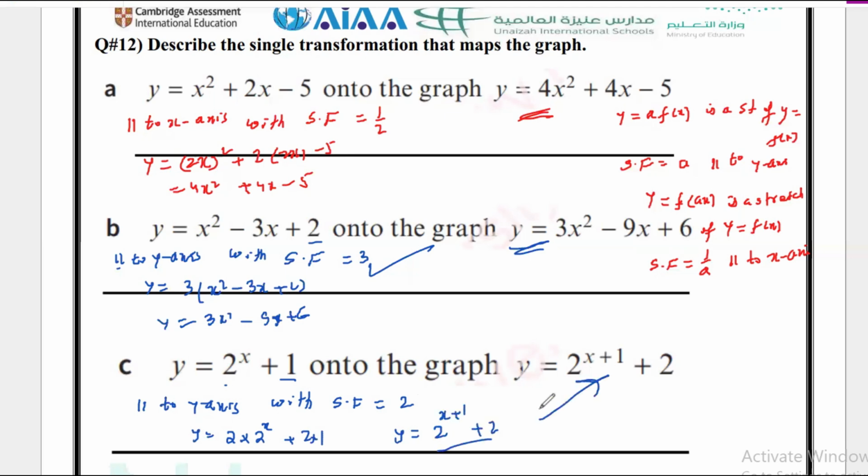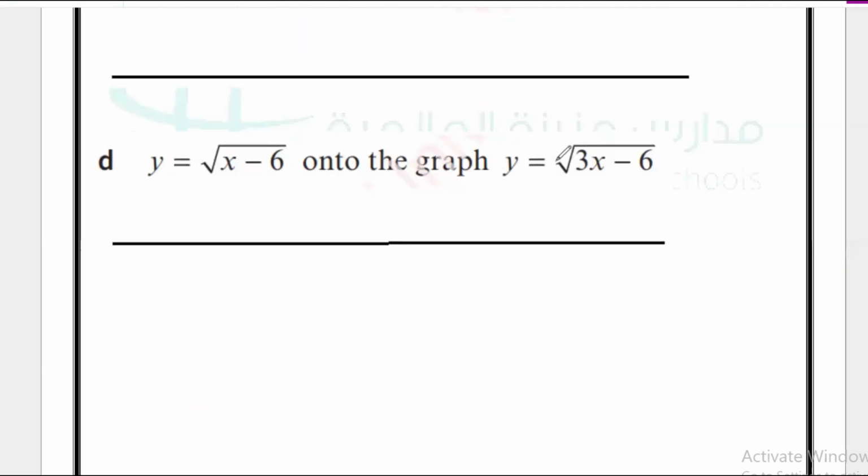So exactly same thing. So this is your required description, parallel to y-axis with stretch factor 2. They are not changing minus 6 as well. So something changes in x, so it is parallel to x-axis, with scale or stretch factor 1 by 3. Because 1 by 3, you will write here 3x.